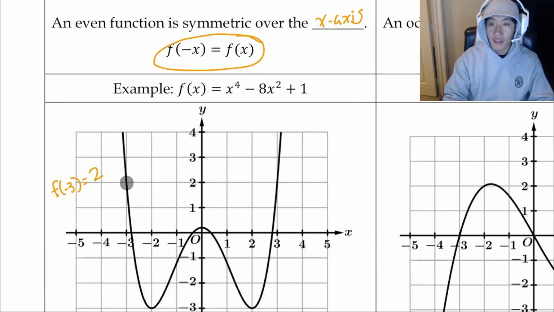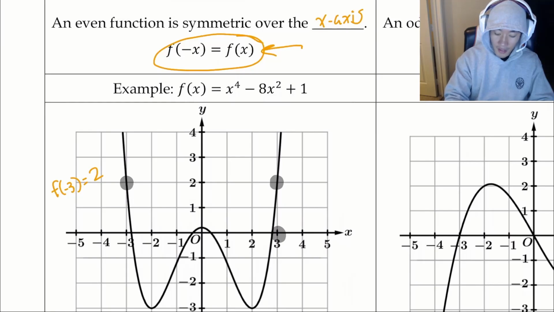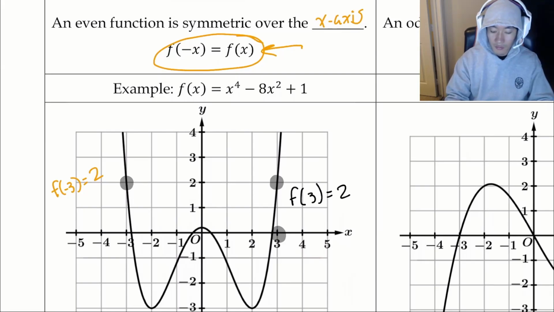Now they're claiming in this definition that it's equal to f of x, which means if I was to plug in f of +3, I should get the same result. Then we can check if that's true. So if I plug in +3 here, what I have highlighted on the right-hand side, I also get a return of 2. So it seems like our definition is correct, right? f of 3 is equal to 2.